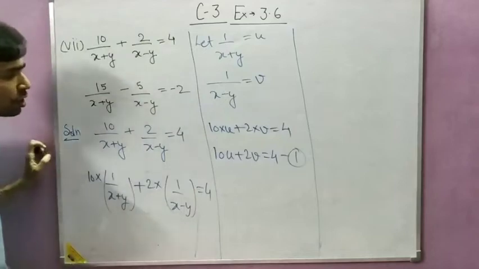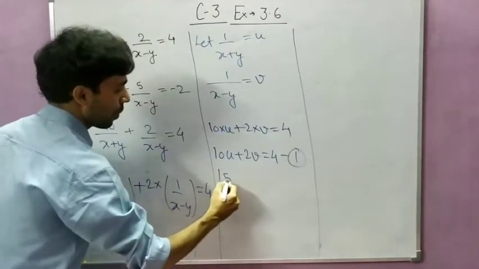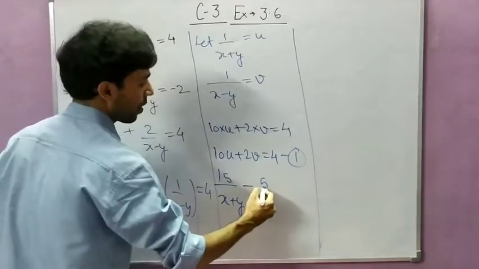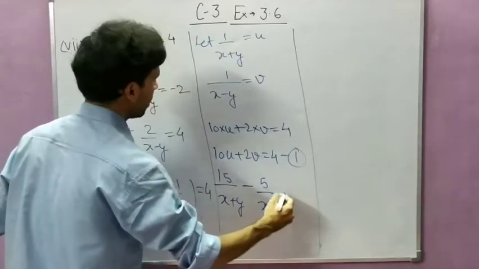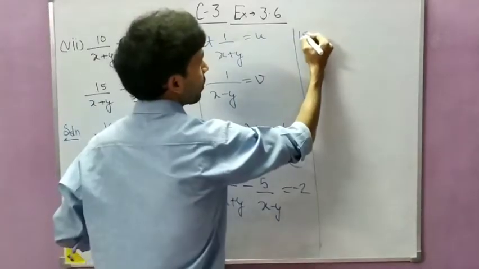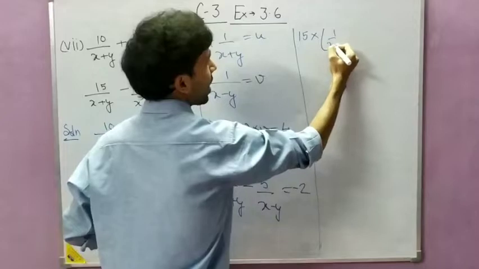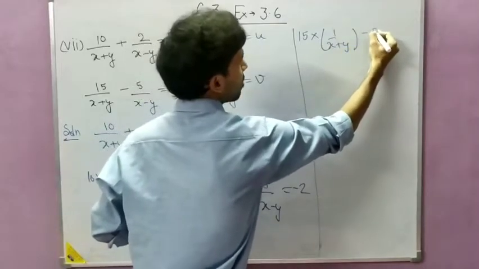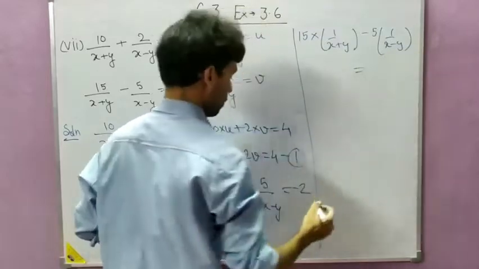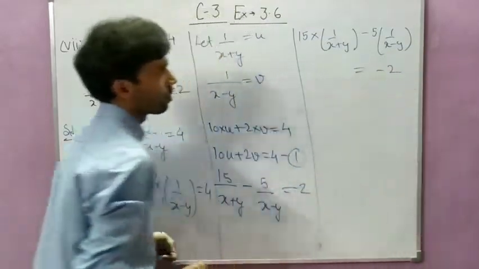So what is equation number 2? 15 upon x plus y minus 5 upon x minus y equal to minus 2. Now this can be written as 15 into 1 by x plus y minus 5 into 1 by x minus y equal to minus 2.